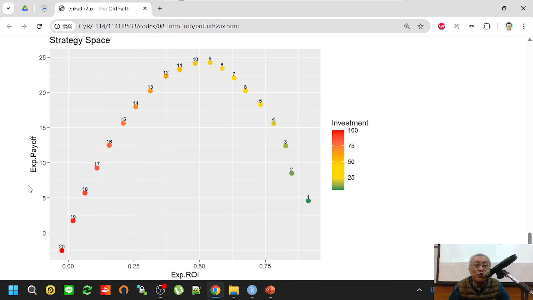In one direction, we want a high expected payoff, and in the other direction, we want a high expected ROI. So the ideal point is on the upper right. Actually, from 1 to 9 are reasonable choices, but there is a trade-off.